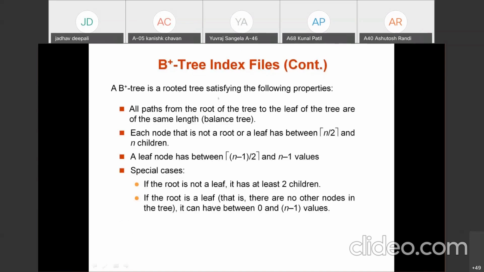So, for a B plus tree, first we are going to see the properties, then the structure of the node. As it is a tree, nodes are there, correct? So in a B plus tree, the node is normally represented like this.